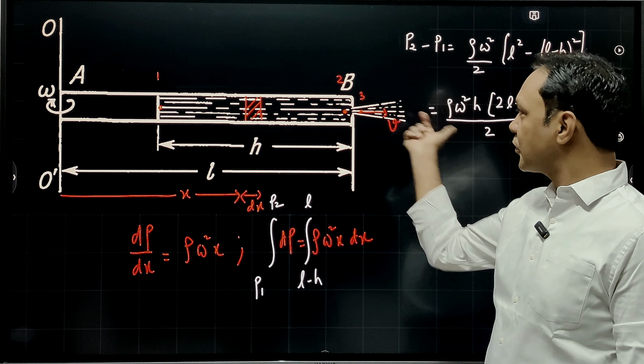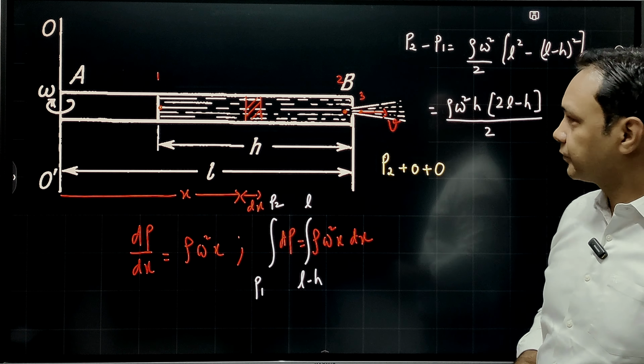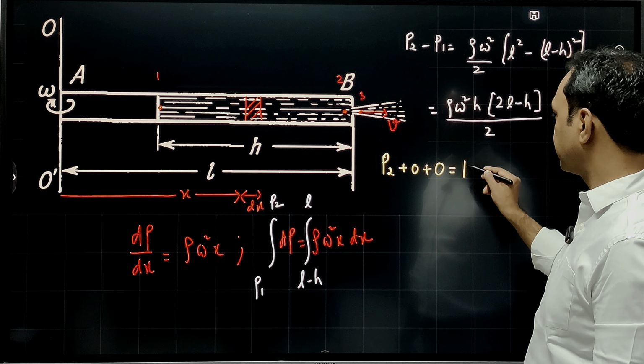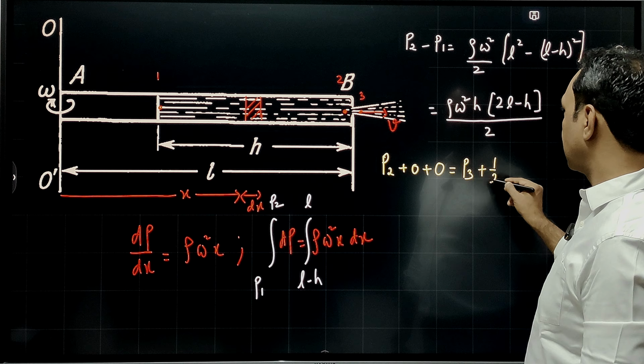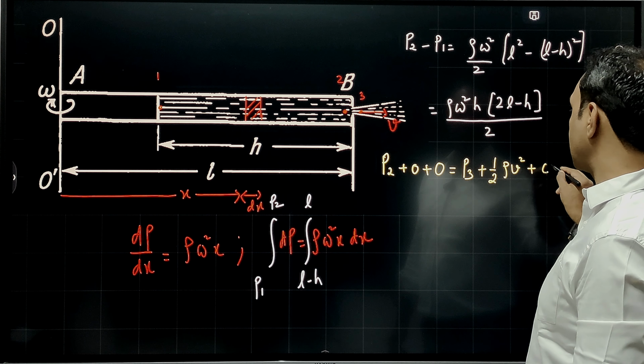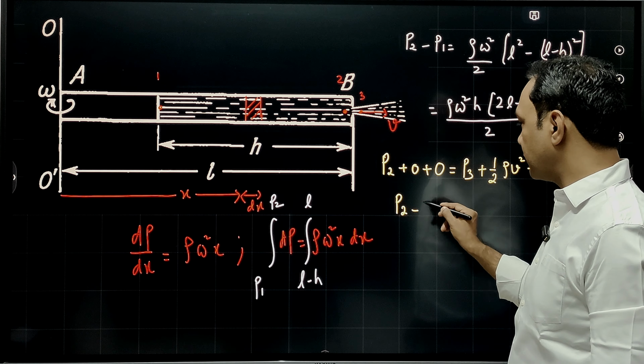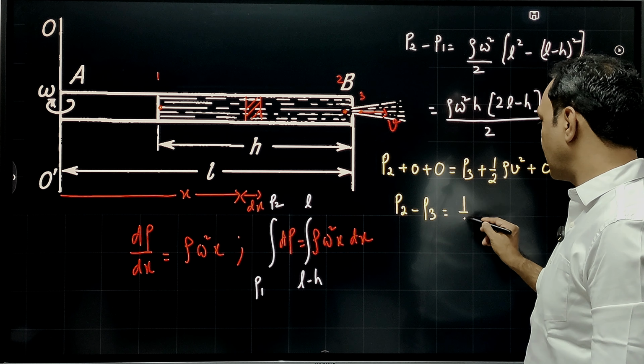The velocity at 2 is 0, and coming from 2 to 3, the pressure difference pushes the liquid. So P2 plus kinetic energy, which is 0 here, plus potential energy, which we can assume to be 0 at the same level, equals P3, the pressure energy here, plus kinetic energy half rho v square, and gravitational potential 0. So P2 minus P3 is half rho v square.